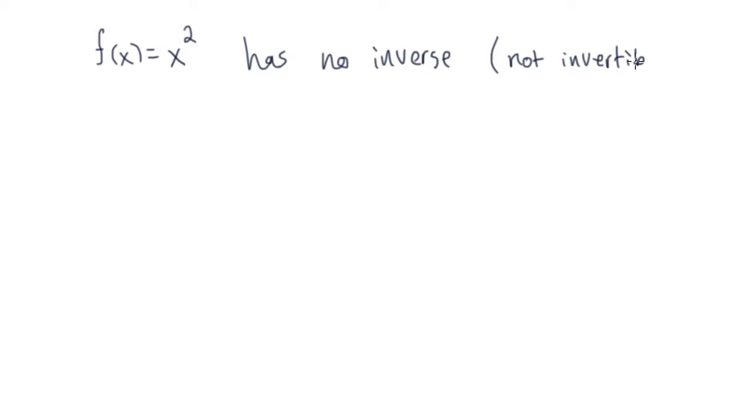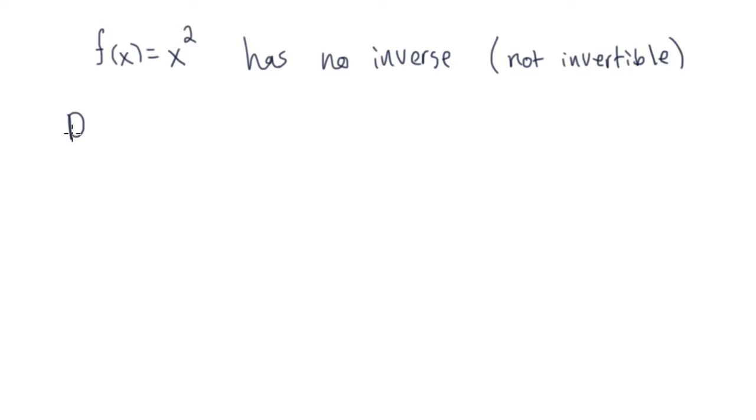And specifically, it's not invertible on its natural domain. But what would happen if I just restricted the domain? So I know that 2 and negative 2 are going to give me the same output when I square them. But what if I only consider the non-negative numbers?